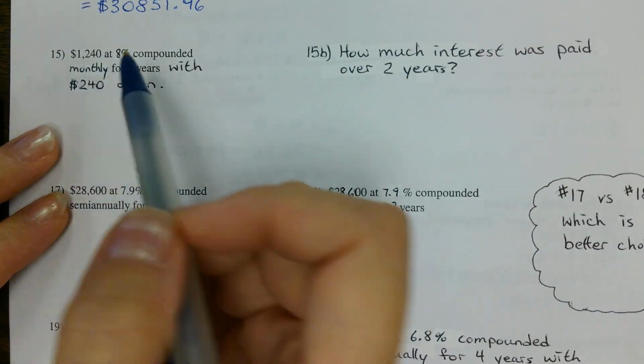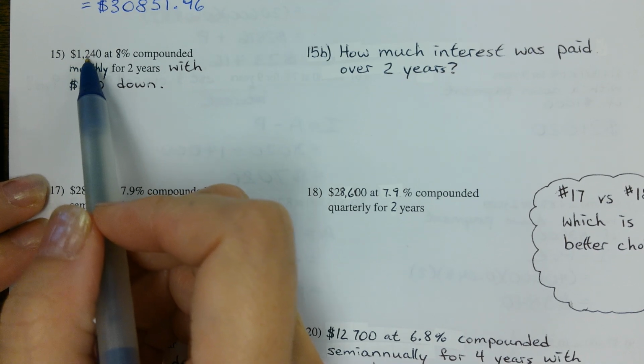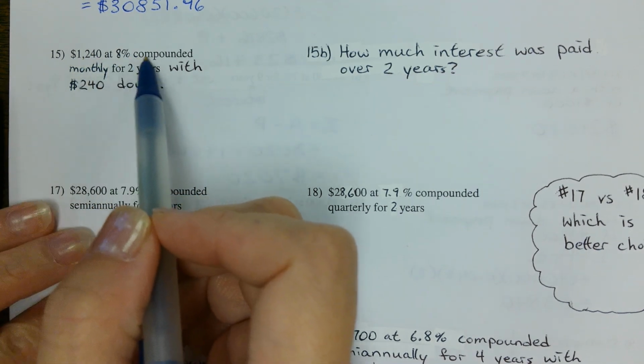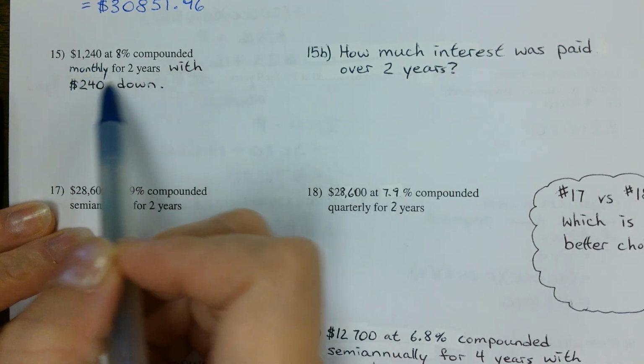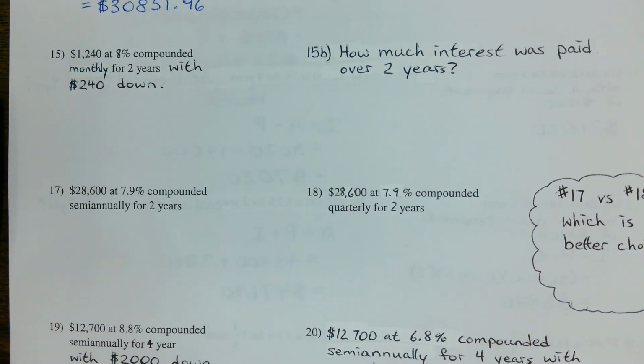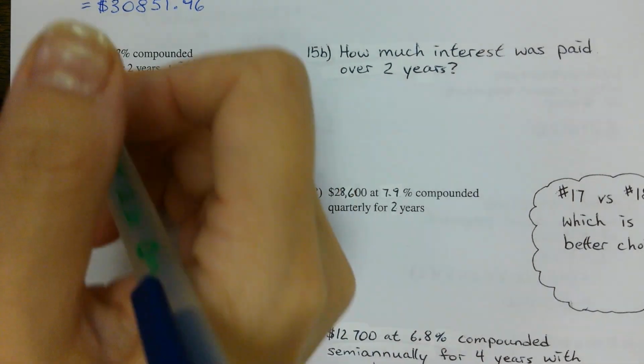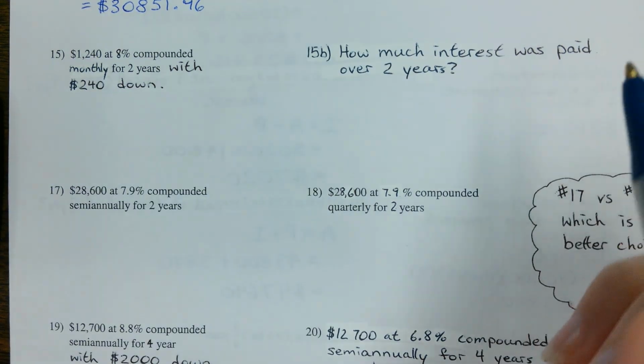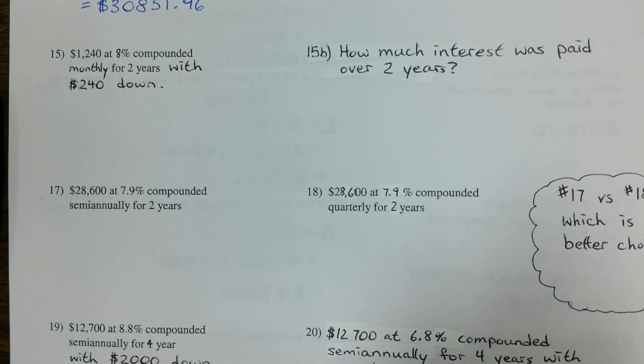Okay, 15. Let's try this one. $1,240 at 8% compounded monthly for 2 years with $240 down. So let's say Brian wants a new computer system, a gaming system. He really wants to play Fortnite, but he can't afford it.